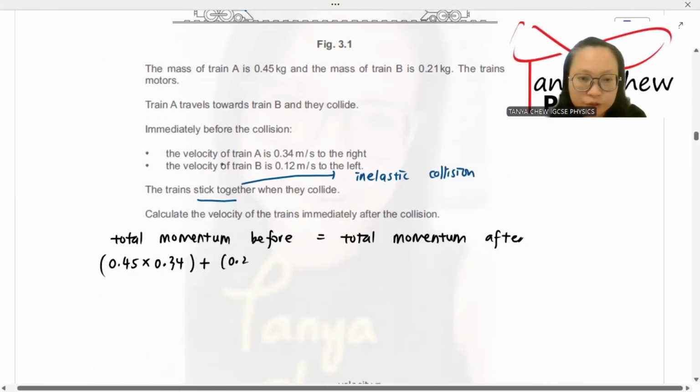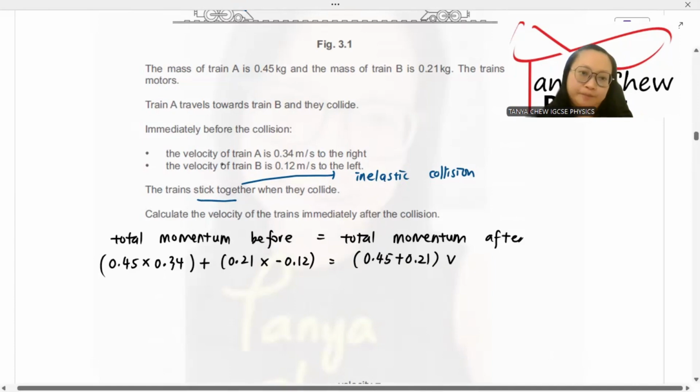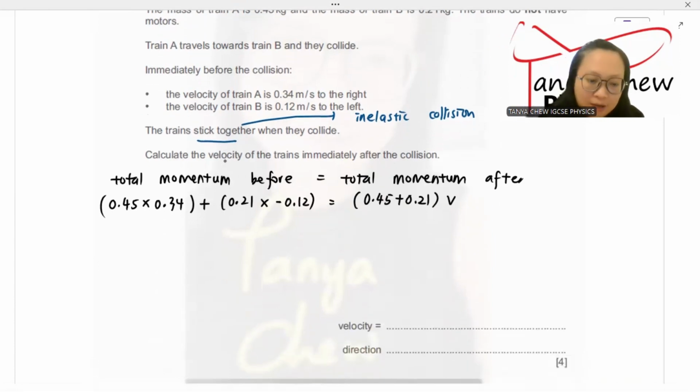This is equal to the inelastic collision, meaning the two trains stick together. So you just add up their total masses, 0.45 plus 0.21, and you multiply by the final velocity.